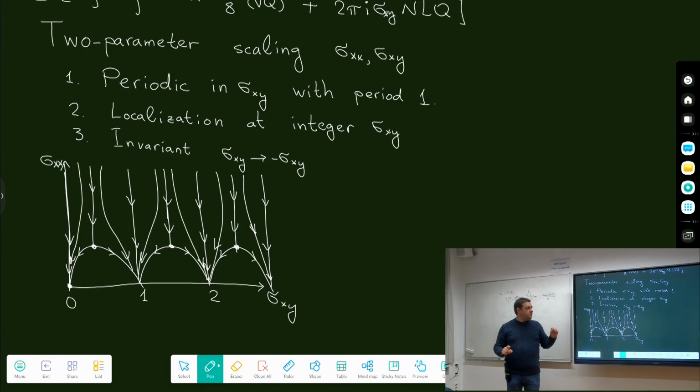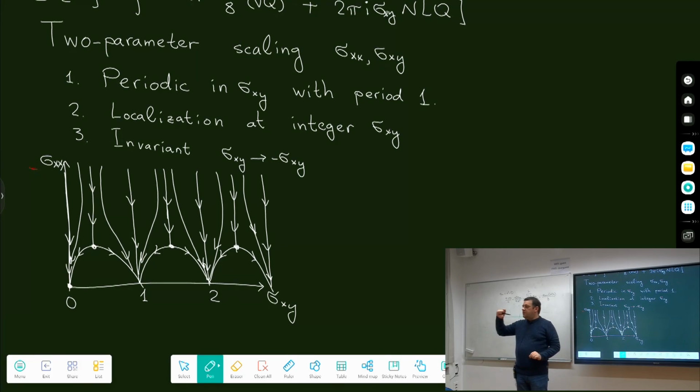So what Pruiskin did, he actually calculated the beta functions for sigma xx and sigma xy from his model, and he found that for sigma xx it's just negative. It's almost the same as it was without magnetic field. Sigma xx just goes down. And we have this flow which flows down more or less for all values of sigma xy.